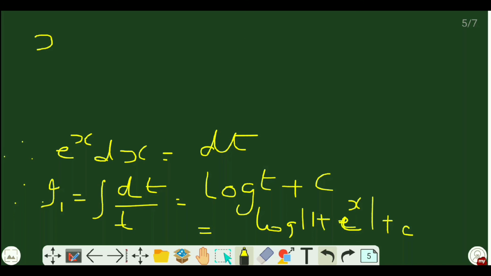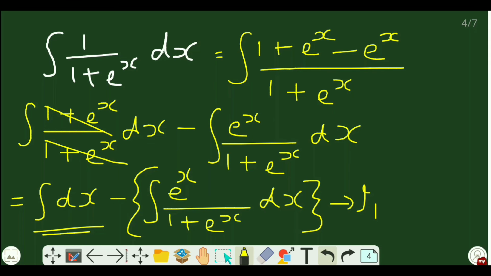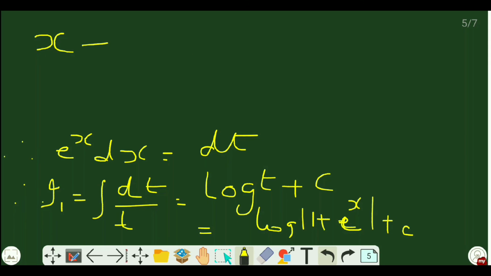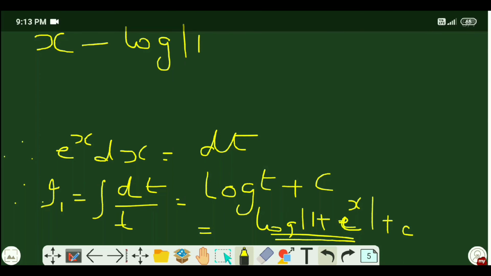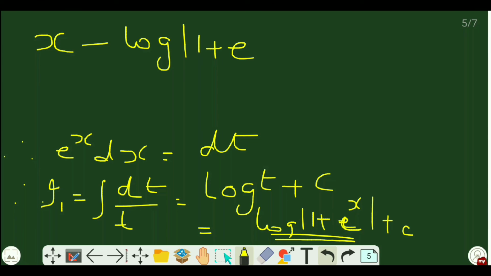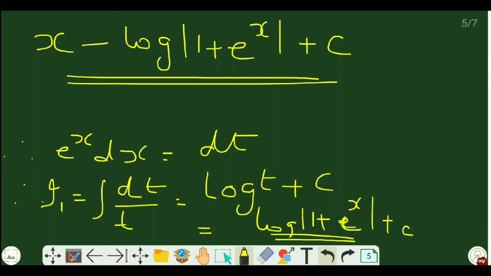There is a minus sign between, so we put the minus sign here, and the next term is the I1 term, for which the answer is log of 1 plus e raised to x plus c. Now in the textbook, there is a little bit of difference in the answer. However, this is the correct answer for the term. So this becomes the final answer for this particular question.